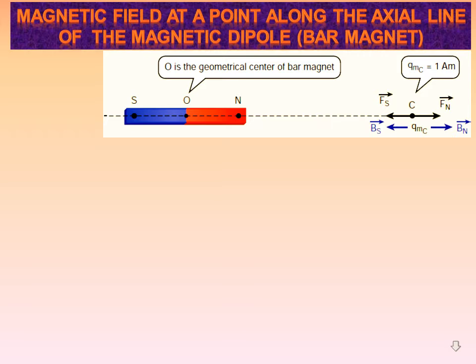Likewise here, there we saw minus q and plus q, but here we have the south pole and north pole, and in between the two poles we have a middle point O, and C is in the direction along the horizontal line, that means the axial line. Here the unit pole at C is 1 A m.